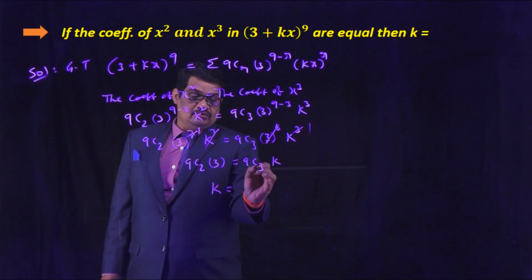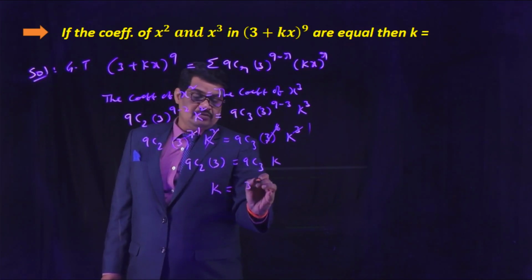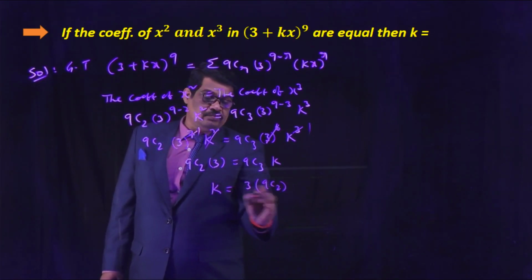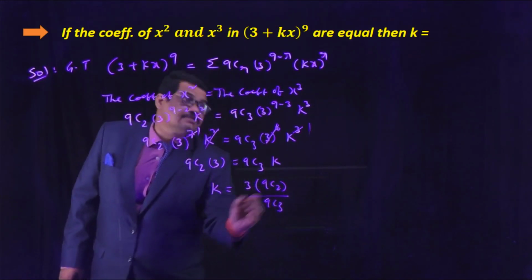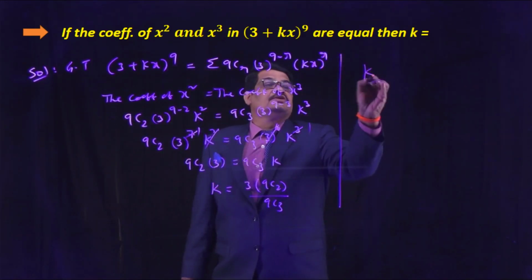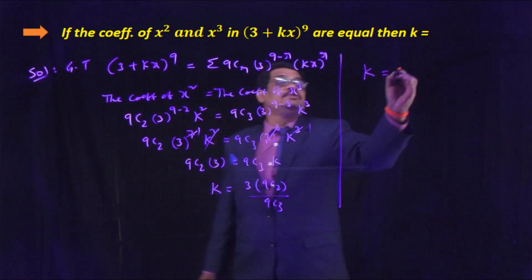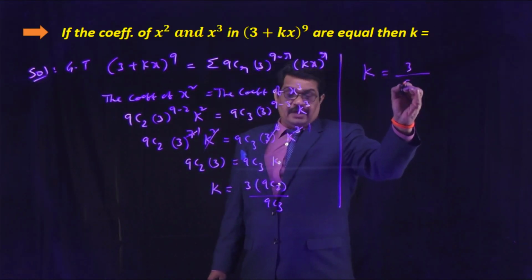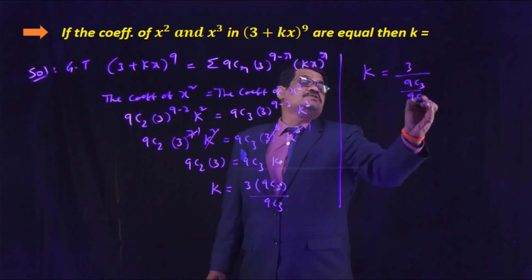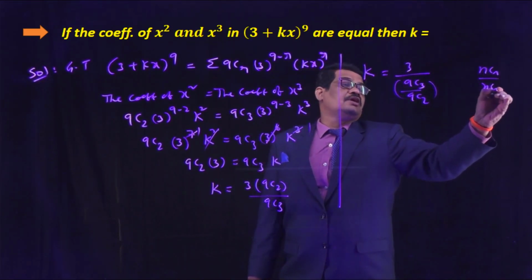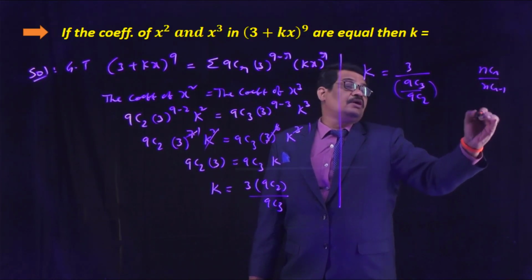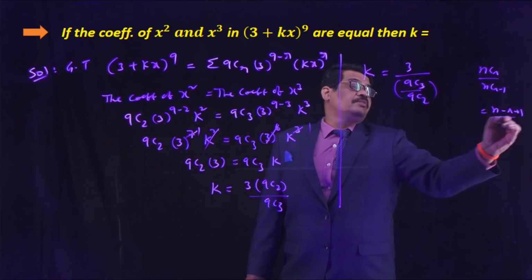So from that we are writing the k value. K is equal to 3 into 9C2 by 9C3. Now this can be written as k is equal to 3 by 9C3 by 9C2. We are using the formula nCr by nC(r minus 1), what is the formula? n minus r plus 1 by r.